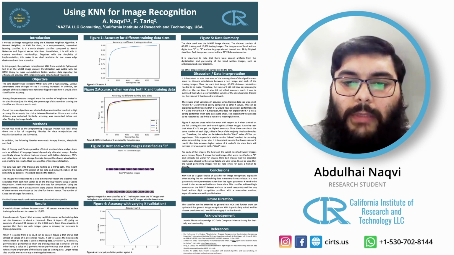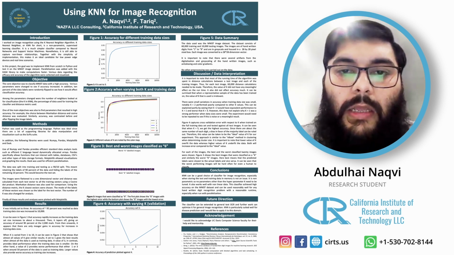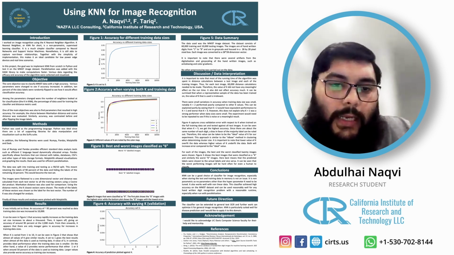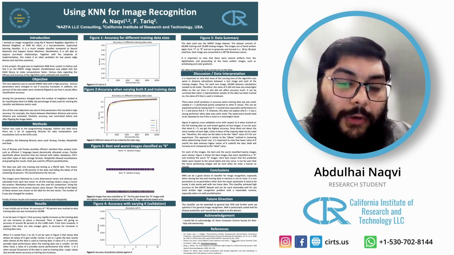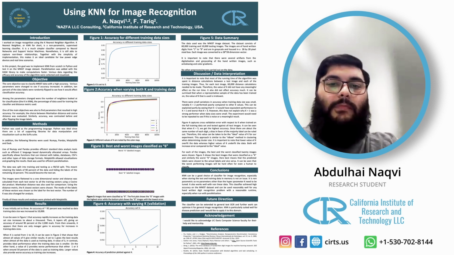And I believe it might be 0 to 9 or 1 to 9. And I will tell you now exactly what I did. I took the data set, and there are 60,000 images that are for training, and then 10,000 images for testing.